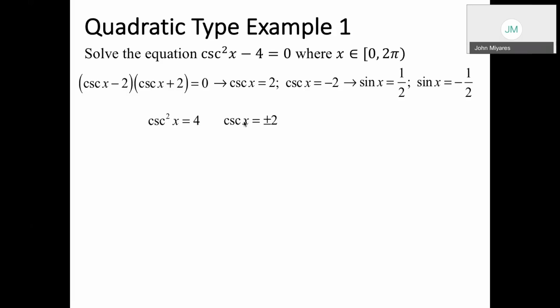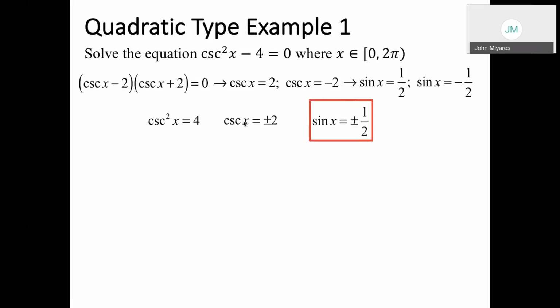So we have cosecant of x equals plus or minus 2. Taking the reciprocal gets you the sine of x equals plus or minus 1/2. So you're going to get the same answer whether you factored it as a difference of squares or whether you moved the 4 over and took the square root of both sides and put the plus or minus in.